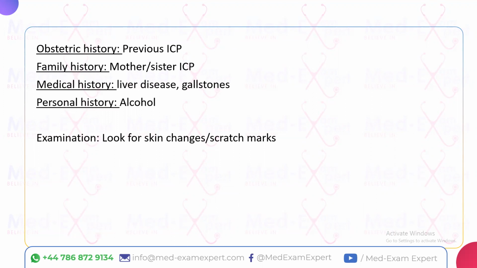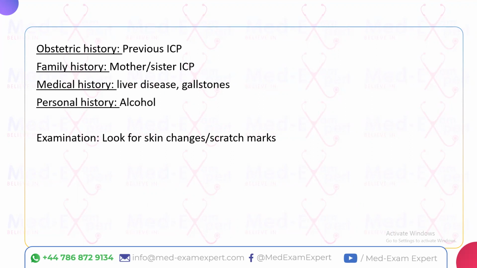So we don't have to say the complete template, only the important points of ICP. If the patient has a previous history of ICP, she's at increased risk of recurrence. Ask about any family history of ICP, medical history of previous liver diseases, gallstones. Personal history of alcohol is important because that can worsen the condition.